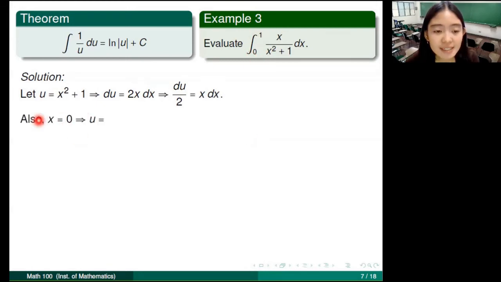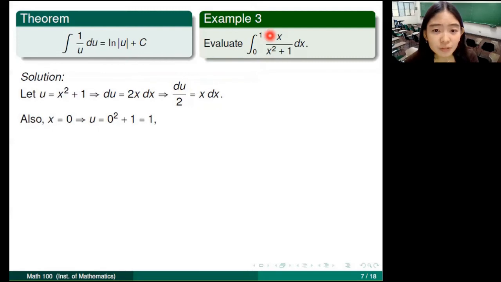If our x is equal to 0 here, simulan natin dun sa lower bound of integration, then our u, based on our definition for it, ay magiging 0 squared plus 1 na equal to 1.